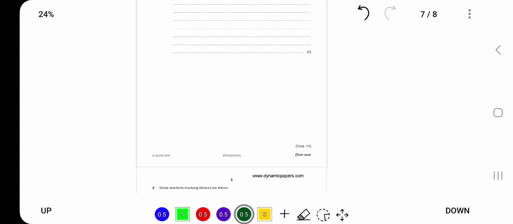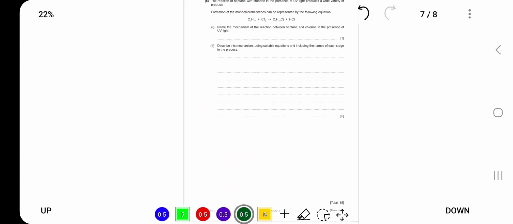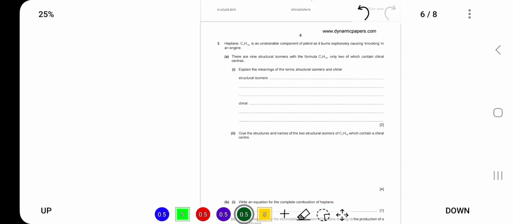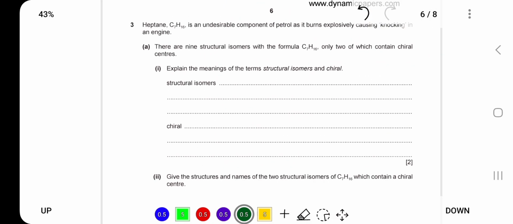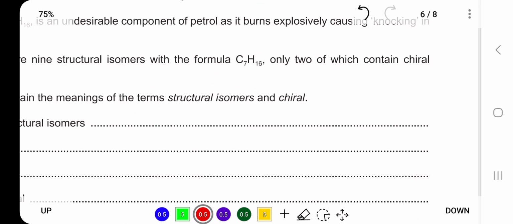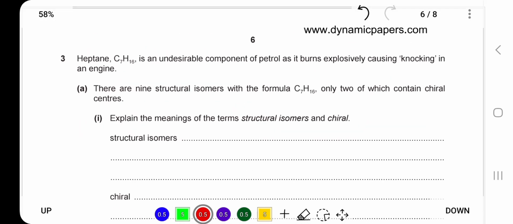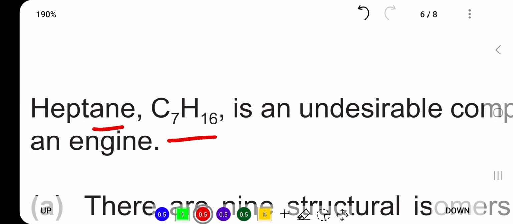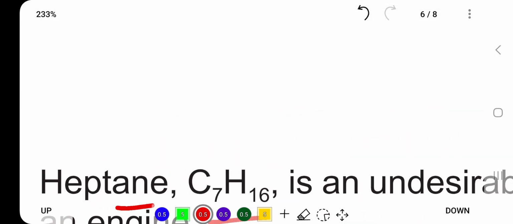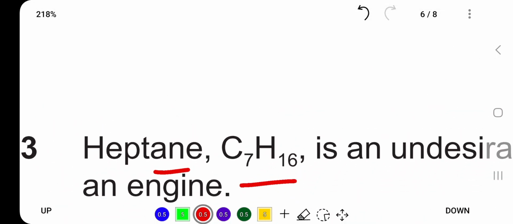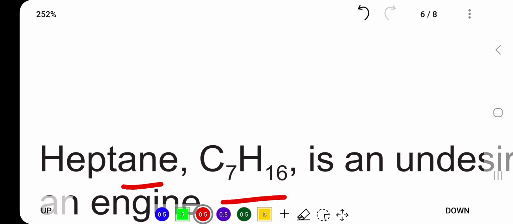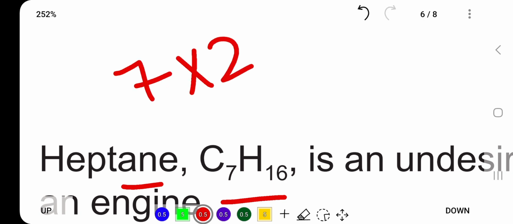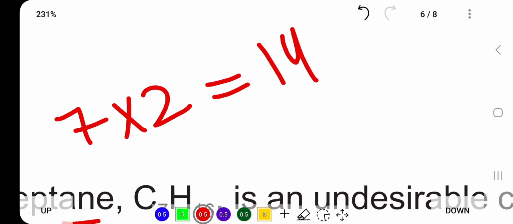Now we are in the danger area. No, it's actually easy. Organic chemistry is easy, personally. You just need to practice and practice, you will go through it, trust me. Alright, heptane. Also a trick for you to know whether it is an alkane or alkene: always multiply the carbon by 2. For example, you have 7, multiplied by 2, you get 14.